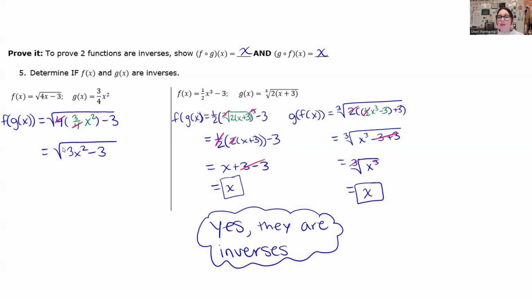So I'm not even going to check the other one because this doesn't reduce to x. So I can tell you that these are not inverses. Either the operations will all cancel out and you're left with x, or they won't. Don't force it. They're either inverse operations or they're not.